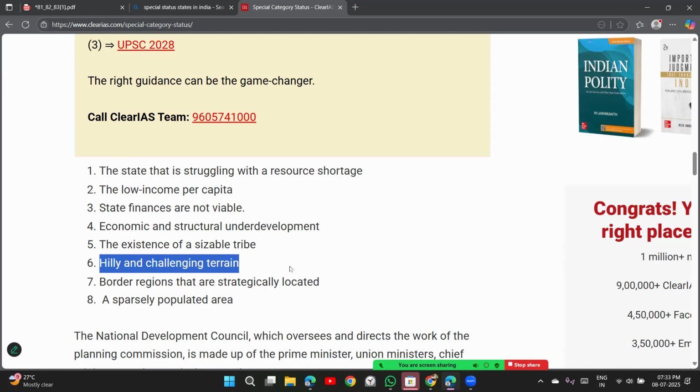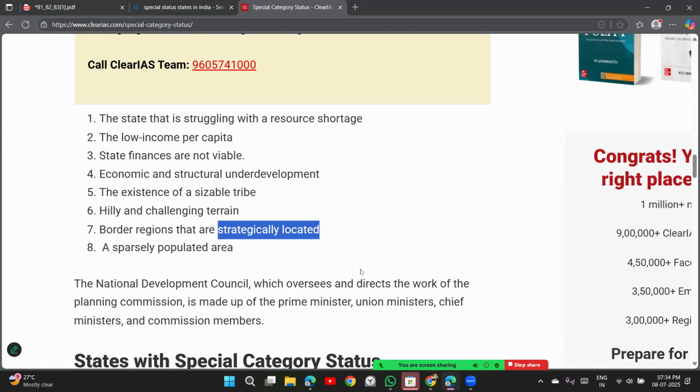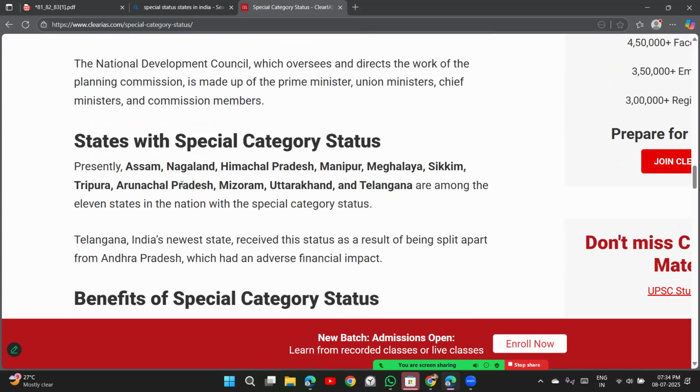So because of that, special category states will be there, and border regions that are strategically located. Strategically located means it is very important for the nation. For example, in the northeast, like Manipur and many states, they are strategically important because they border other countries, and also population should be there.